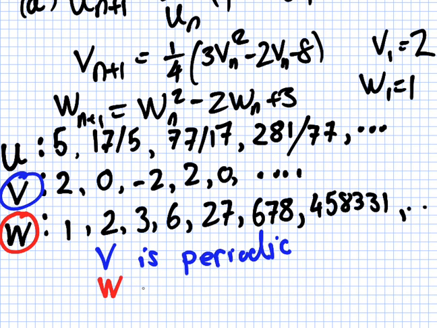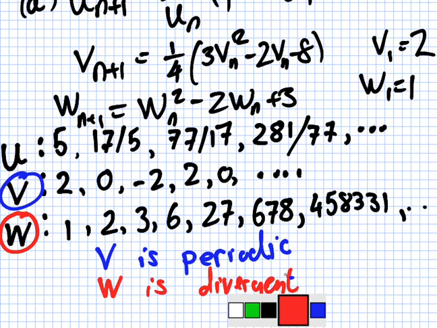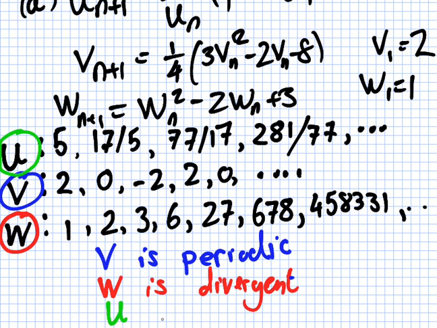You can see it's getting really, really big really quickly. W is divergent. And so that would leave us with u being convergent. It's hard to see because it's fractions, but if you put them all into decimals it might be a bit clearer for you. So u is the convergent one here.